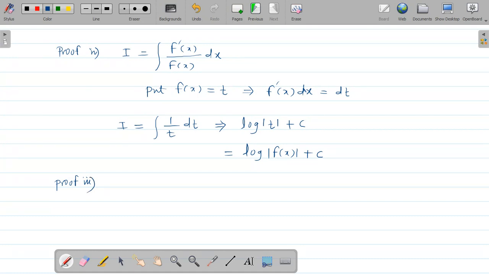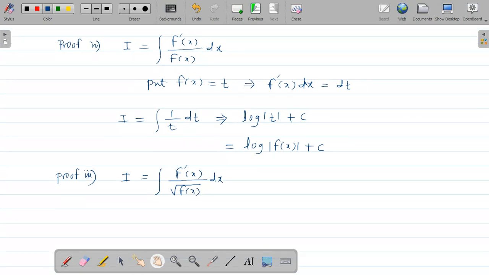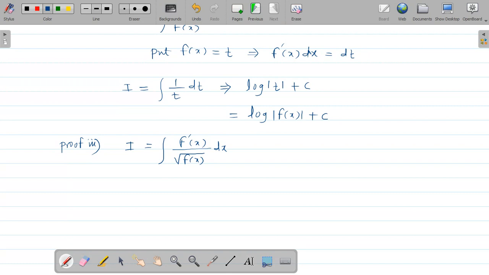In that we have to evaluate the integration of f dash x upon root of f of x dx. In this case also, if you put f of x equal to t, then f dash x dx is equal to dt.